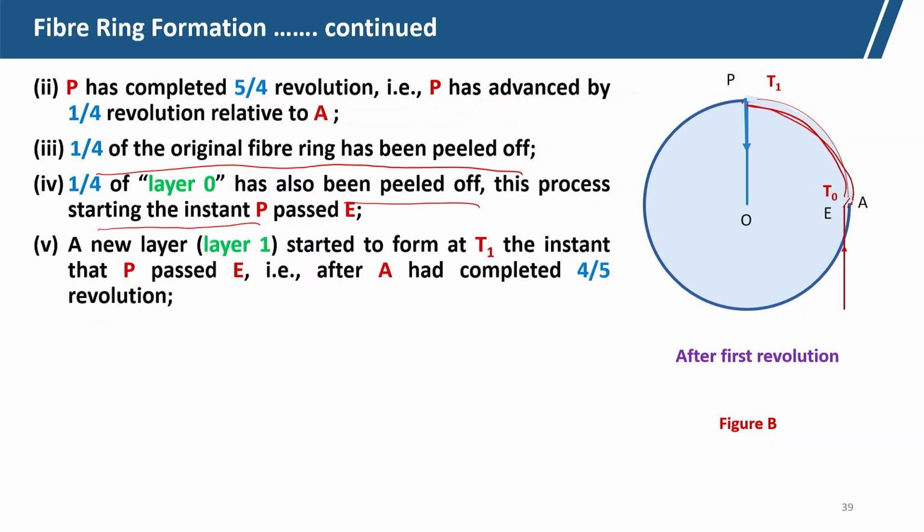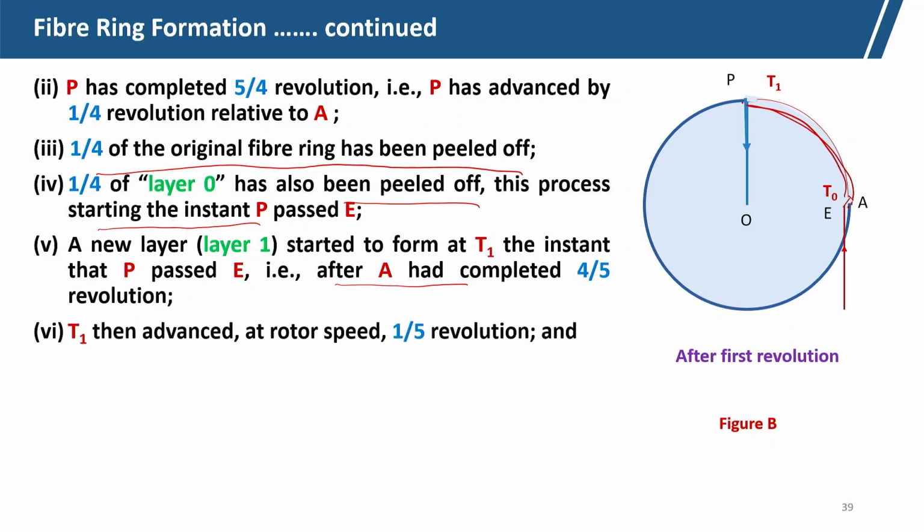A new layer, layer 1 (earlier it was layer 0), started to form at the T1 instant, after which comes T2. So, the new layer started at the T1 instant, when P passes E, after A had completed 4/5 revolution.